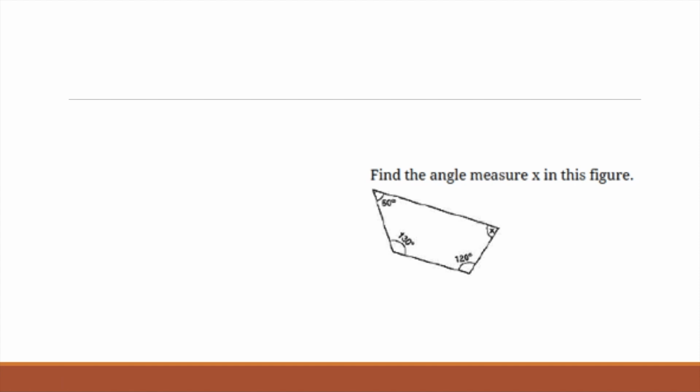Okay, this is again an interesting problem. Find the angle measure x in this figure. It is quite easy because you know this is one kind of trapezium. You see here, just two sides are parallel, but the other two are not parallel. And we are seeing what would be the measure here. If it is parallel, we know these supplement each other. That's the quickest solution.